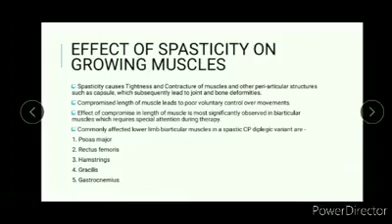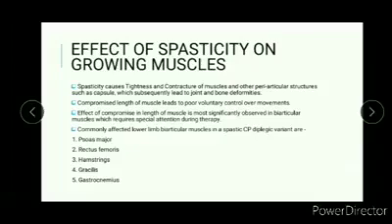What is the effect of spasticity on growing muscle? Spasticity causes tightness and contracture of muscle and other periarticular structures such as capsule, which subsequently may lead to joint and bone deformities. Remember, it's always easy to treat soft tissues rather than treating a joint or a bone for correction of deformities.